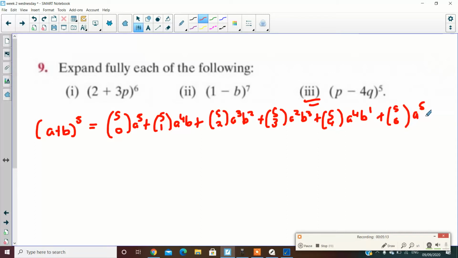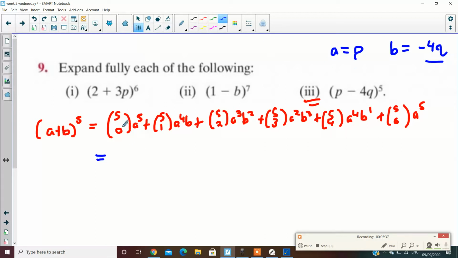Everybody cool with that? Now, in this case, what's a and what's b? a is p and b is minus 4q. The minus makes it complicated because it starts bobbling between minus and plus a little bit. So you have to watch out for that, okay?